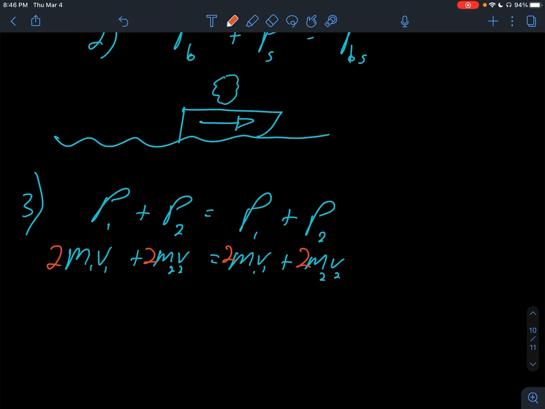Everybody brought 2 to the party, so that gets canceled out. And it's the same scenario as it started with. The part about maintaining the same size is just a distractor. The size of the object does not matter. It's the mass of the object. So we're going to have C, no difference.